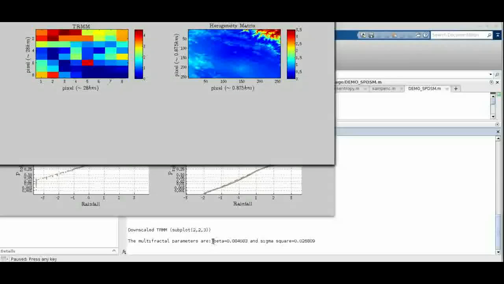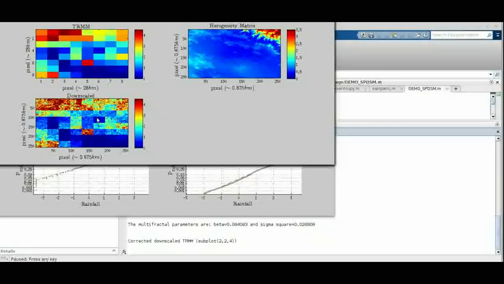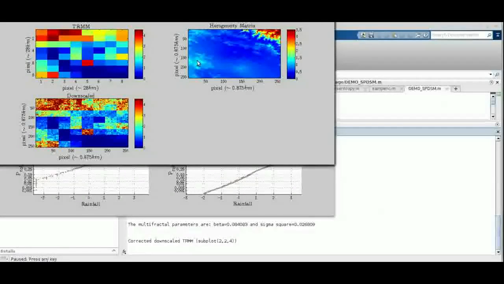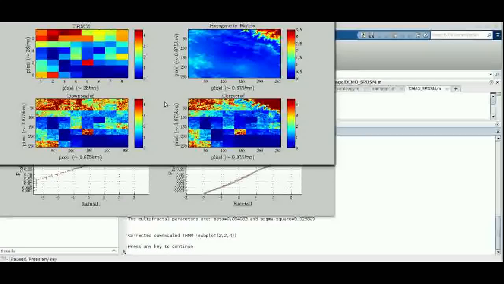We compute the values of beta and sigma, and then we proceed to do downscaling, and we obtain the following matrix of information at 0.875 kilometers, which is the same resolution as our heterogeneity matrix. So we are going to weight all these values with respect to this mask. This is the final outcome of this correction procedure, and this is the information that we are going to validate against the information of stations.